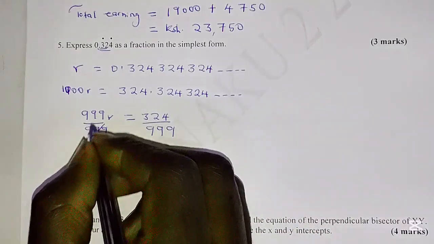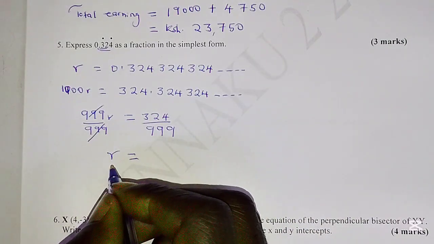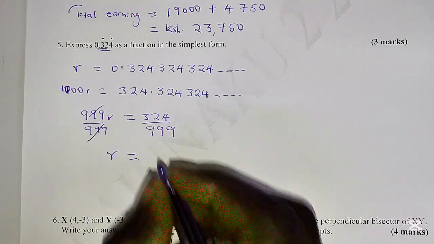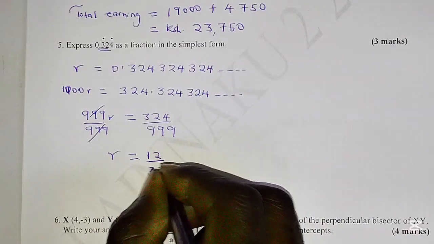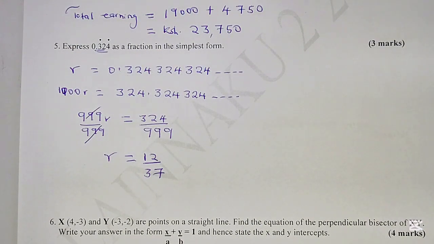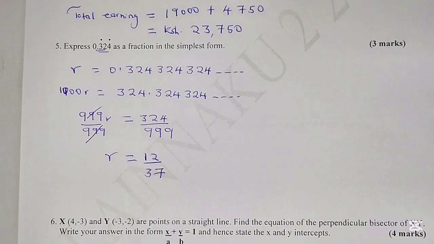When you cancel out, you find that the value of R in this particular case is equivalent to, so you can put that in a calculator to simplify for you, 12 over 37. So this is the fraction from which the decimal 0.324 recurring was obtained.